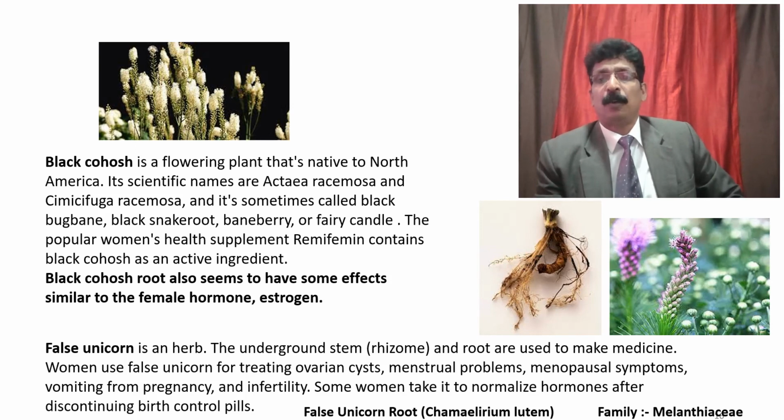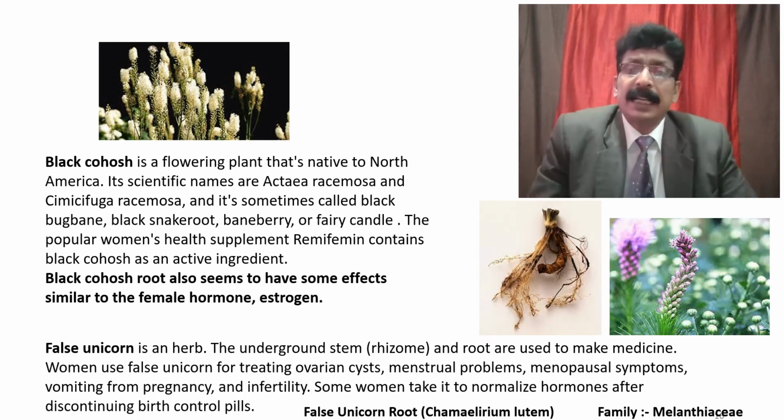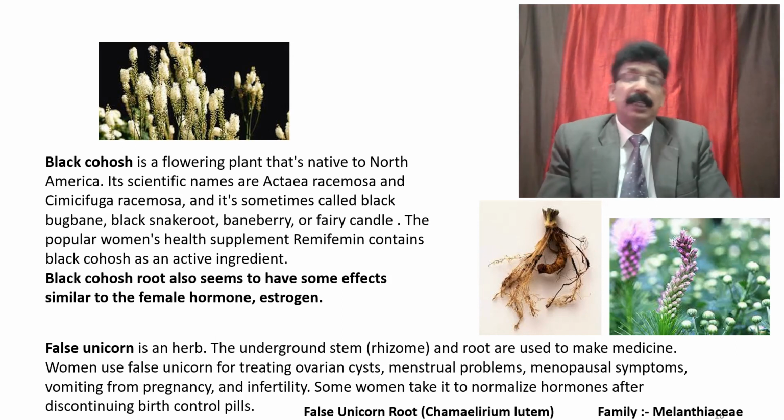Menopausal symptoms sometimes, after the age of 45, vomiting, problems from pregnancy and infertility can be treated by means of this false unicorn. Some women take it to normalize hormones after discontinuing birth control pills.